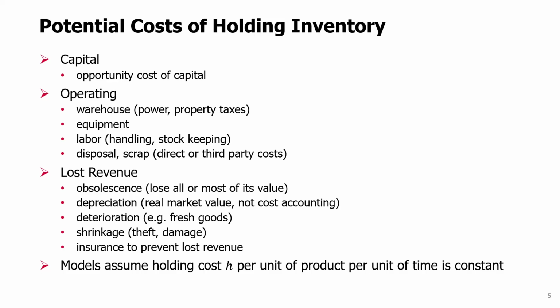However, sometimes you can take a loan only to a limited extent, and then maybe you have other opportunities to invest that loaned money, or maybe you have your own capital that you could invest in something else instead of increasing inventory levels. And this is what we call opportunity cost of capital.